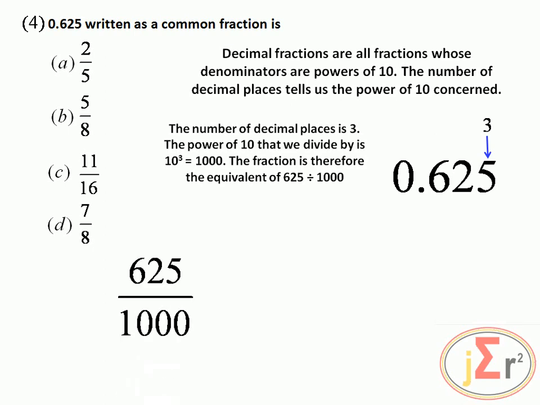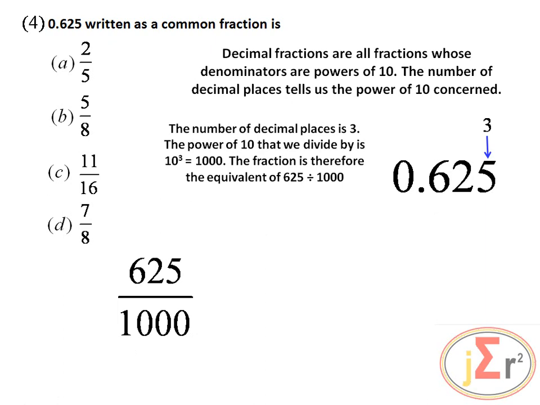There we have it, 625 divided by 1,000, because we have 3 decimal places, so we have 3 zeros. Those 3 zeros signify that the decimal fraction that we have right here has 3 places of decimal.